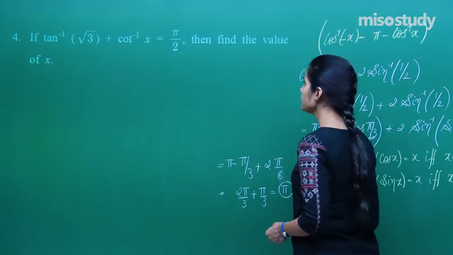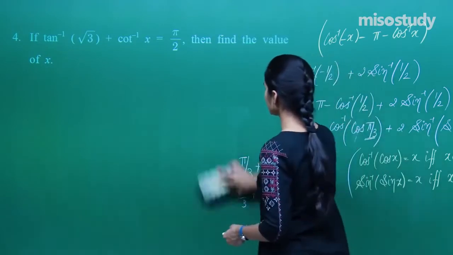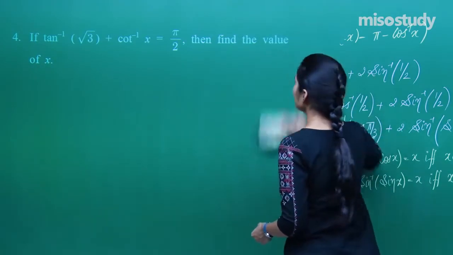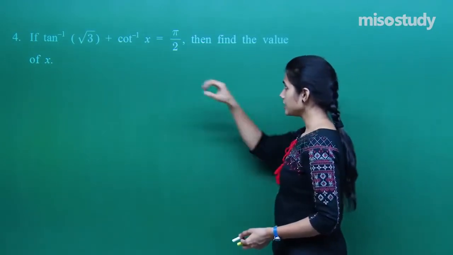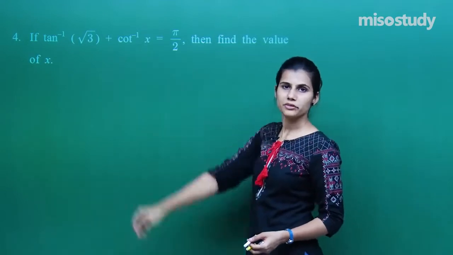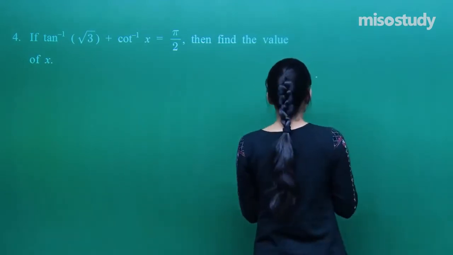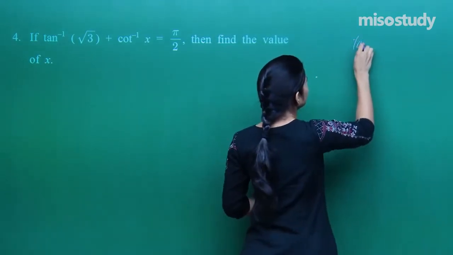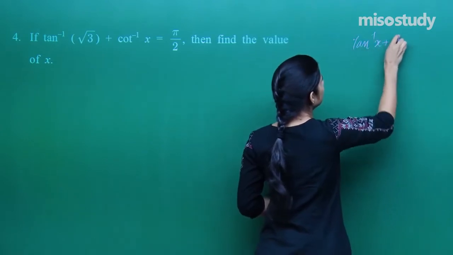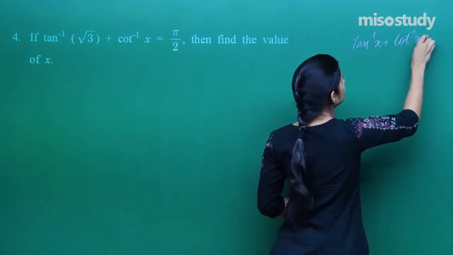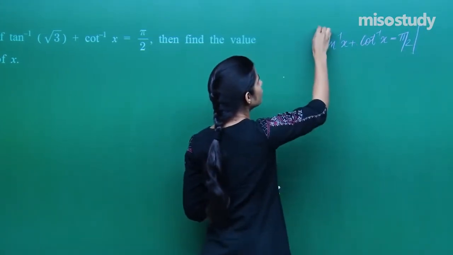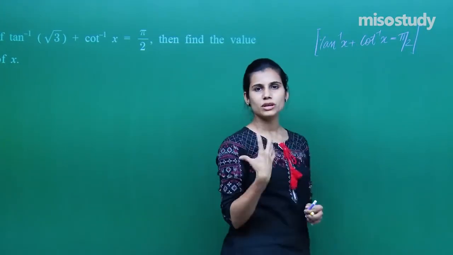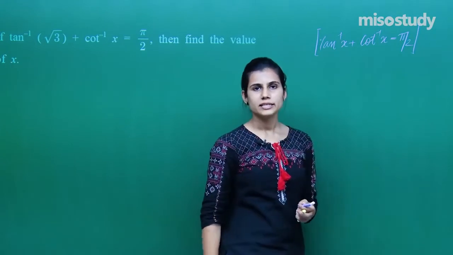Next we have: if tan inverse root 3 plus cot inverse x is pi by 2, find the value of x. Again, one property which is clearly evident to be used over here is something related to pi by 2 and something related to cot inverse x. We know that tan inverse x plus cot inverse x is pi by 2, and so obviously if I am given pi by 2 and cot inverse x, I would always want to club them together to bring tan inverse x in the picture.